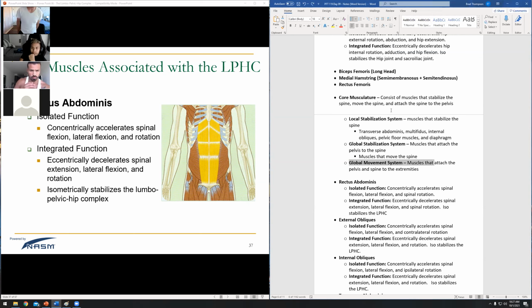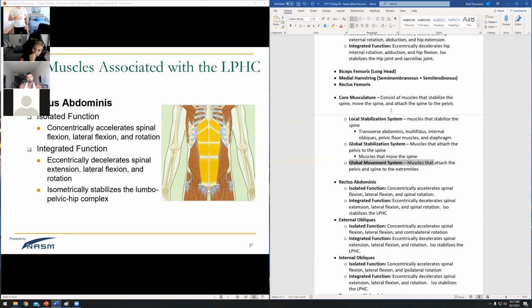So when you think about creating stability, you would want to create stability in the front, in the back, so it's like the front of a box, the back of a box. You'd want to create stability on the sides, so the sides of the box, down below and up above. So it's 6 sides to a box, right? Stability in the front, in the back, on both sides, top and bottom.